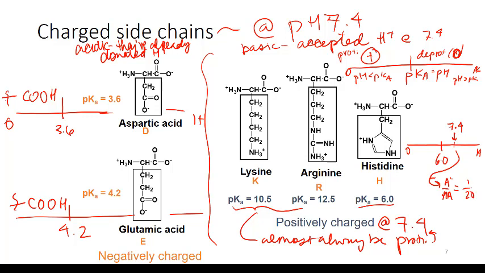So even though the dominant species is the conjugate base form, usually deprotonated and carrying a neutral charge at pH 7, the protonated and positive form is still around at physiological pH. It's just a lot less. And we talked about that a little bit in class.